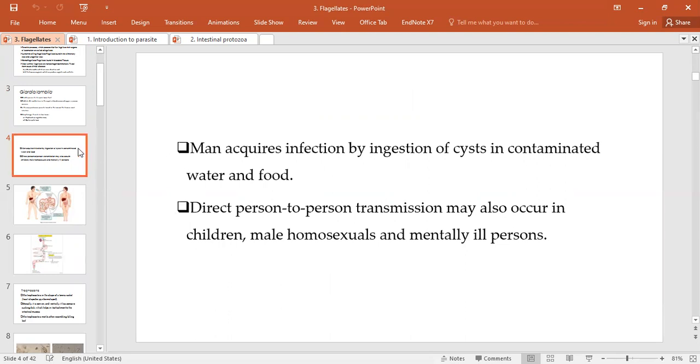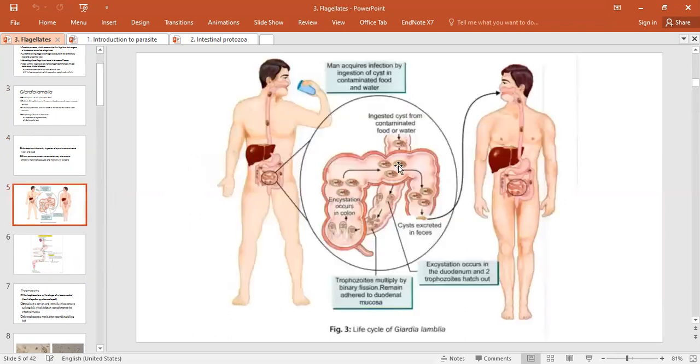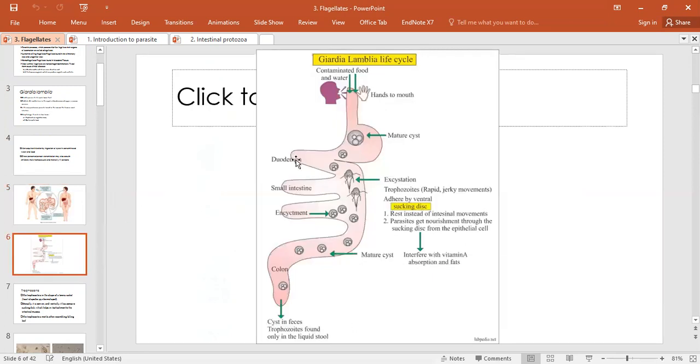Man acquires infection by ingestion of contaminated food and water. Direct person-to-person transmission may occur in children, homosexuals, and mentally ill people. Here is how the parasite goes through the human body with the drunk water. It goes through the small intestine. The infective stage is the mature cyst.